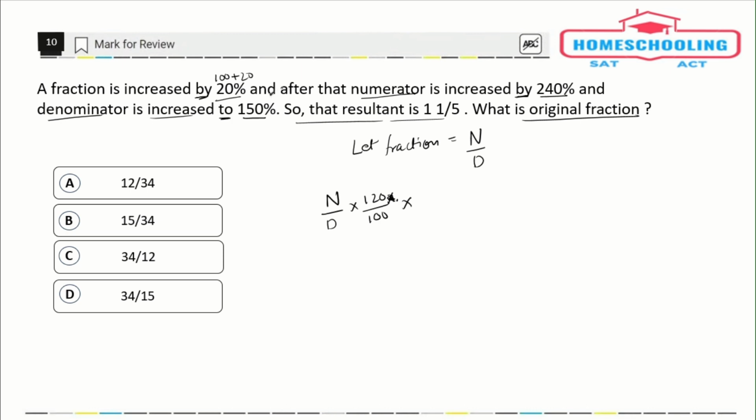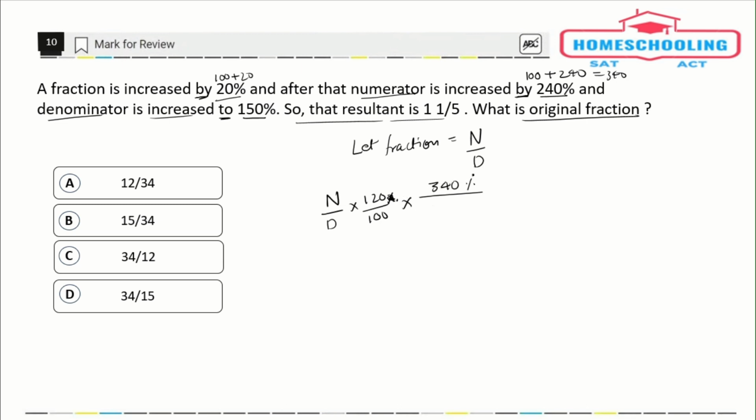And what does it say after that? After that, numerator is increased by 240%. So by is there, so it would be 100 plus 240. That would be 340%.